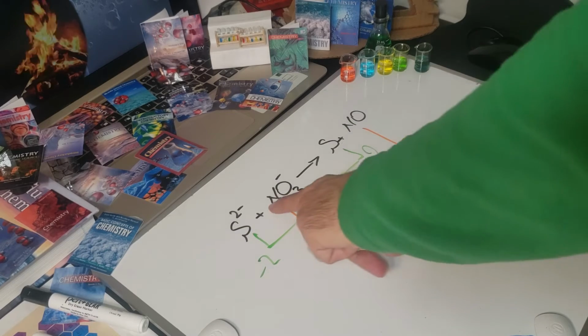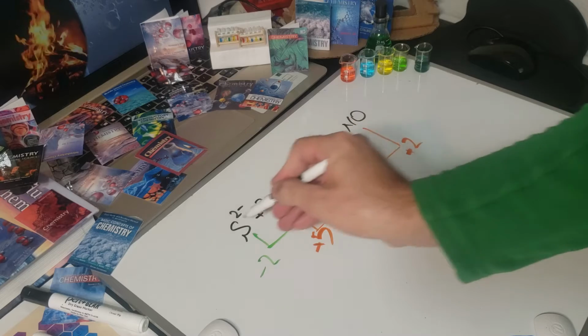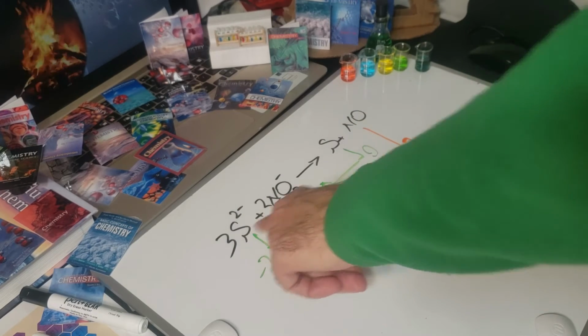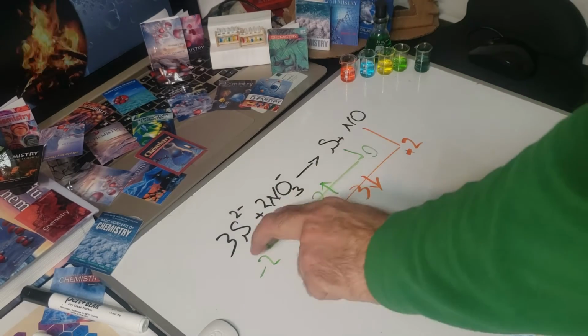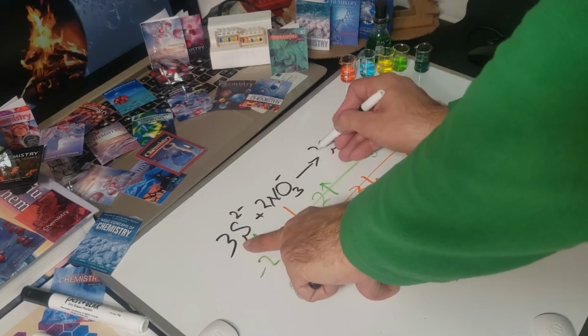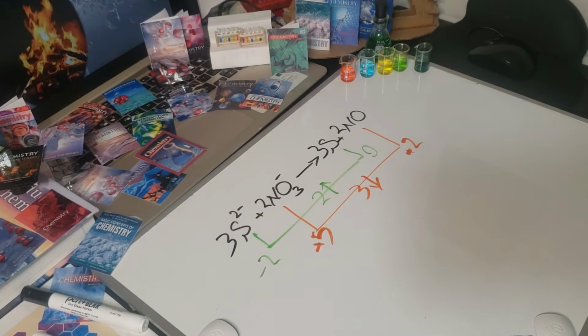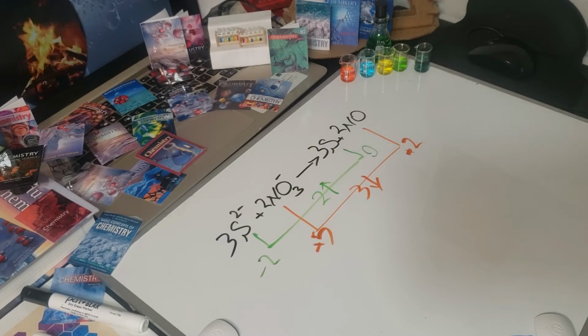Like the green one I put for the nitrogen, so 2 NO3, and 3 I put for the orange one for the sulfur. Then I go onto the product side and balance both of those, 3 sulfurs, and 2 nitrogens. We just balance the atoms whose reduction and oxidation changes we just exchanged.